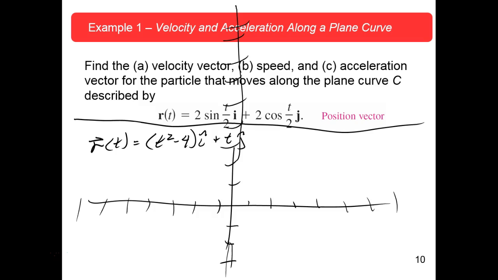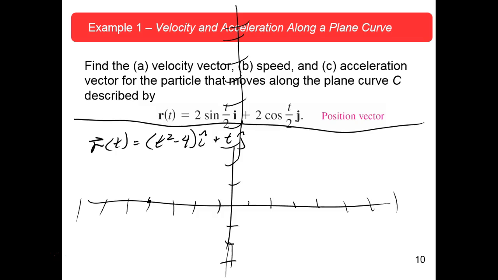What would be your vector when t is 0? Negative 4 i, 0 j. So that would be the point negative 4, 0, right there. There's our first point, t equals 0.